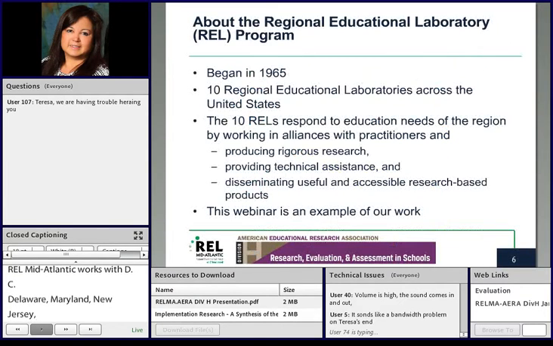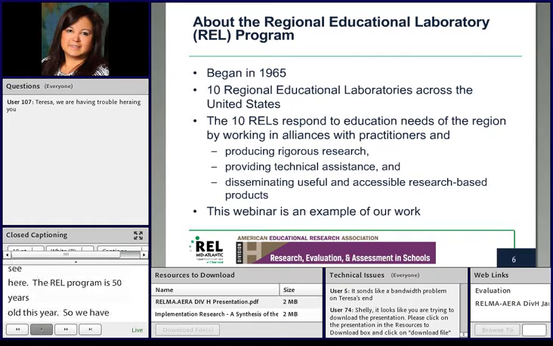The REL program is 50 years old this year, so we've been around quite a while. We usually work with SEAs, state education agencies. We also work with local education agencies, and some schools, but typically at the LEA or SEA level. Within our current 5-year cycle, we work within research alliances to conduct rigorous research, to provide technical assistance, and to disseminate the work that we do across networks.